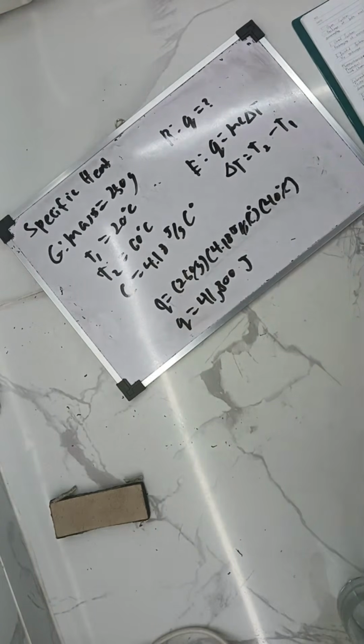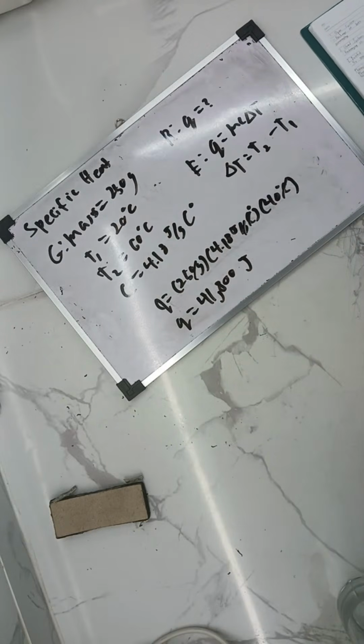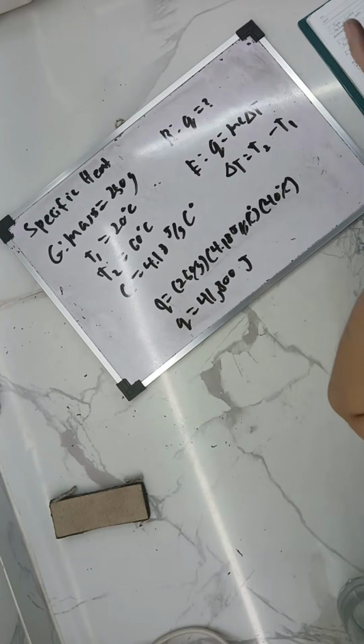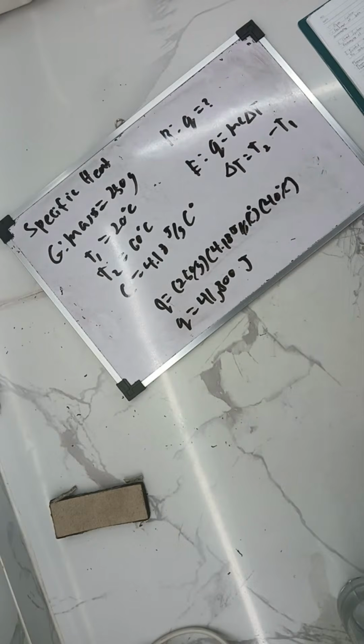I'll just recap. So we were given 250 grams as the mass of the object, 20 degrees Celsius for the first temperature, 60 degrees Celsius for the second temperature, and our specific heat, or the C, was equal to 4.18 joules per gram Celsius. Now we are required to find the heat in joules, which is Q, and we just simply use the two equations listed here.